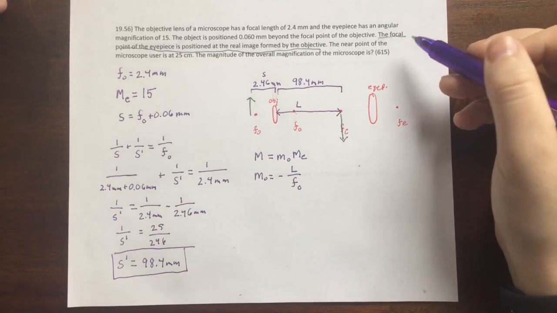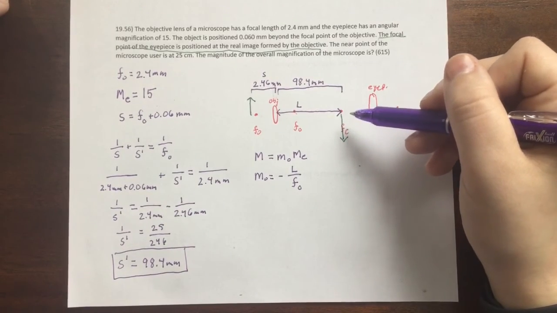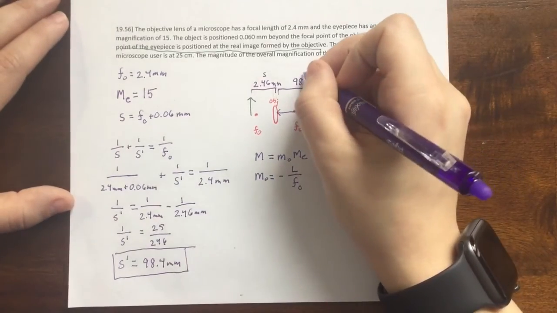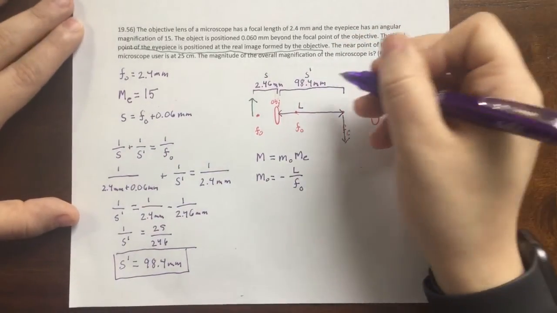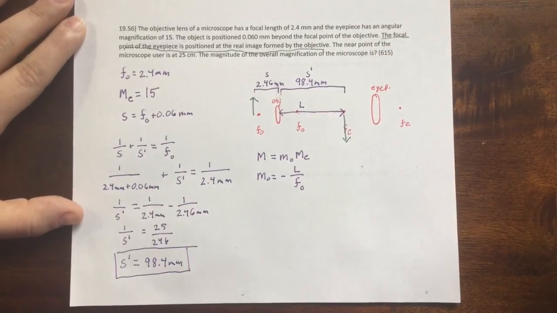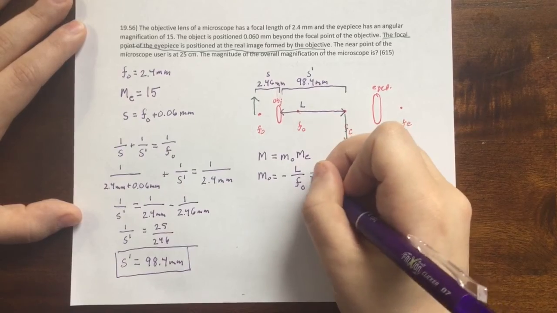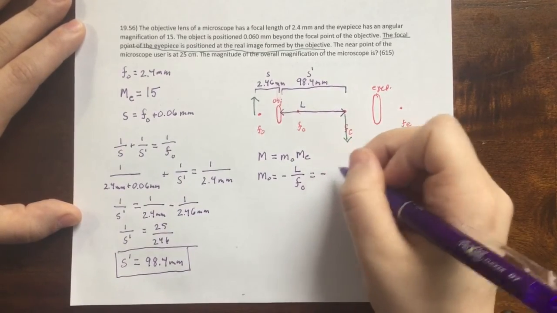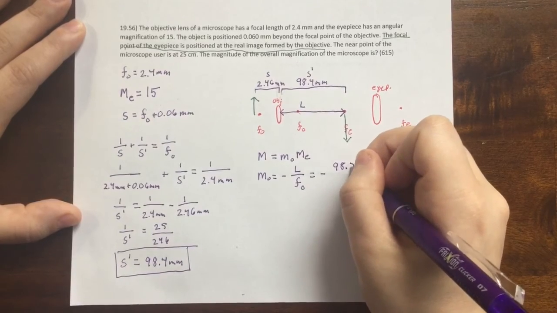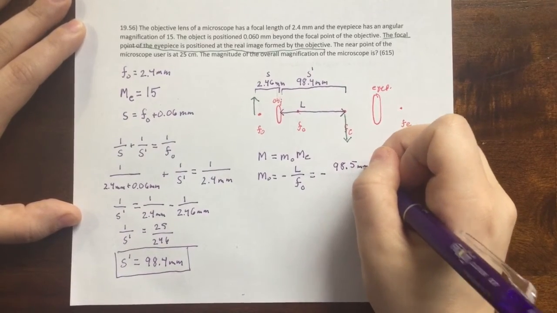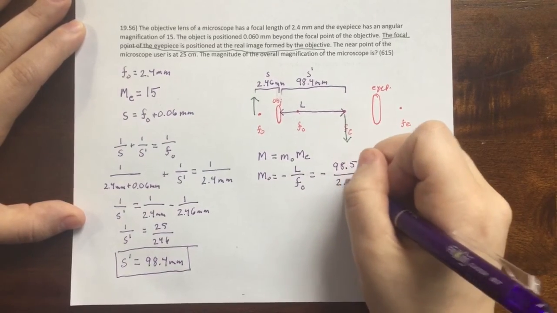In this case, we were given that the image is located at FE. So where here this is S prime, this 98.4, that S prime is also L. We can say that our magnification is negative 98.4 over 2.4.